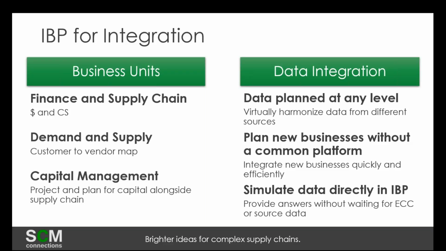So rather than having to create master data in APO, which is, again, a really onerous process, you can take a snapshot of the data, move it over to the side, and do all of your version what-if planning there, which is just wonderful. And then the data integration, again, you're planning a new business, you've got a common platform, you're simulating data directly with updates and real-time data, instead of old snapshots in time.